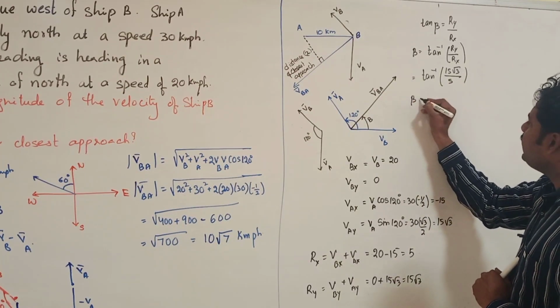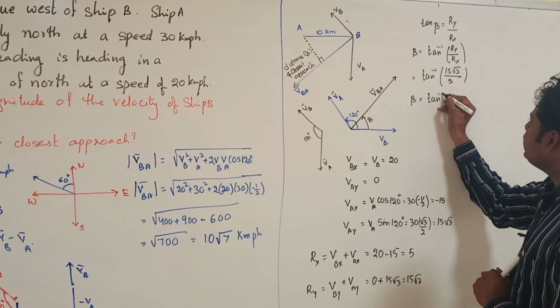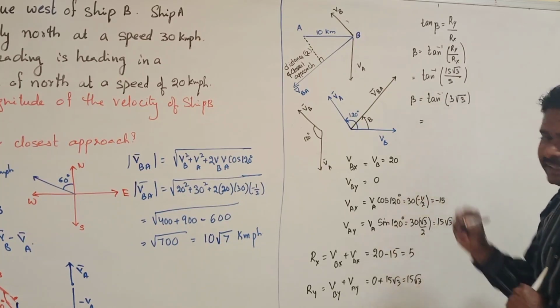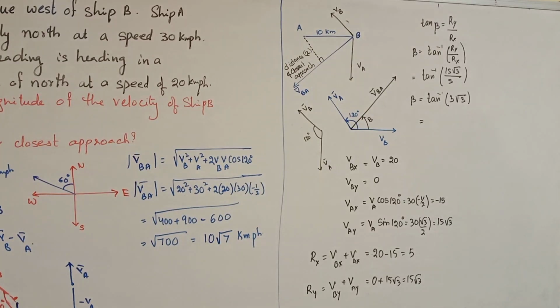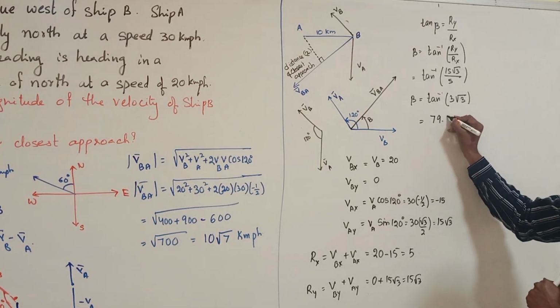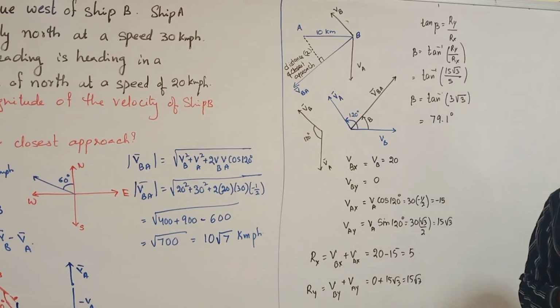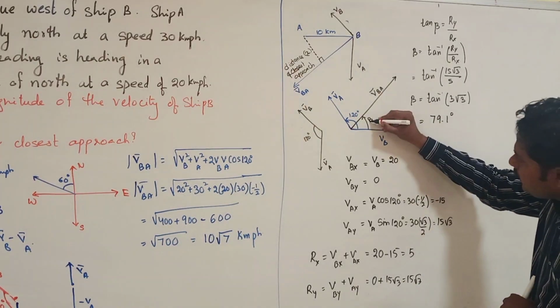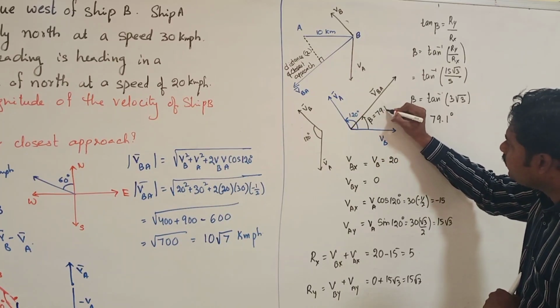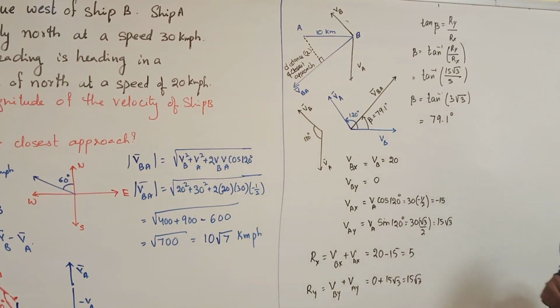So beta is equal to tan inverse of 3 root 3. Use the calculator, you will get approximately 79.1 degrees. So beta comes out to be 79.1 degrees, right?